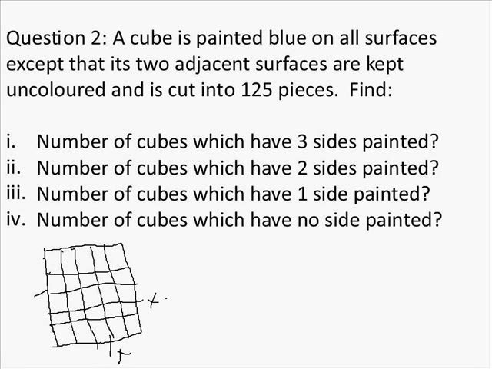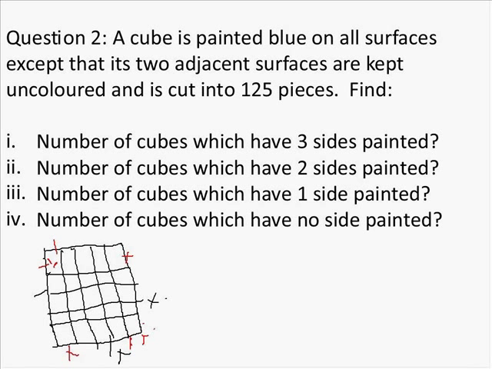Now you see, which have three sides painted. Now I'll go to all the corners. Front is also painted. These two sides are not painted. So first, this corner, yes, it is painted here, painted here, painted here. This corner is not painted here. This corner not painted here. This corner not painted here.